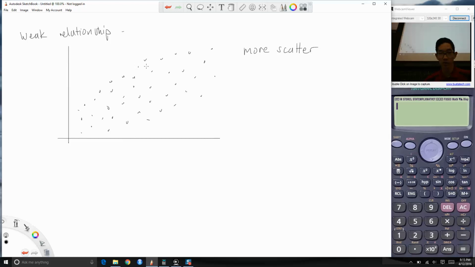Okay, so here, we couldn't lay a skinny pencil down and hope to cover up all the points, right? Because the thin pencil would only cover the points in the middle. Okay, so we'd have more scatter, and our predictions of y given a certain x will not be as good.